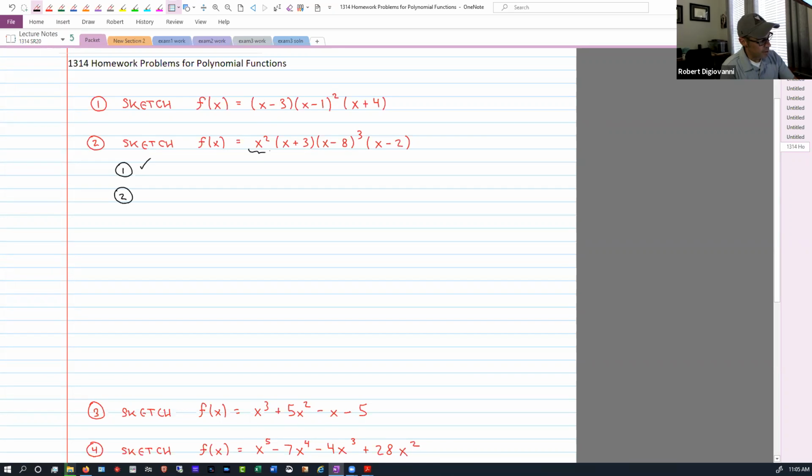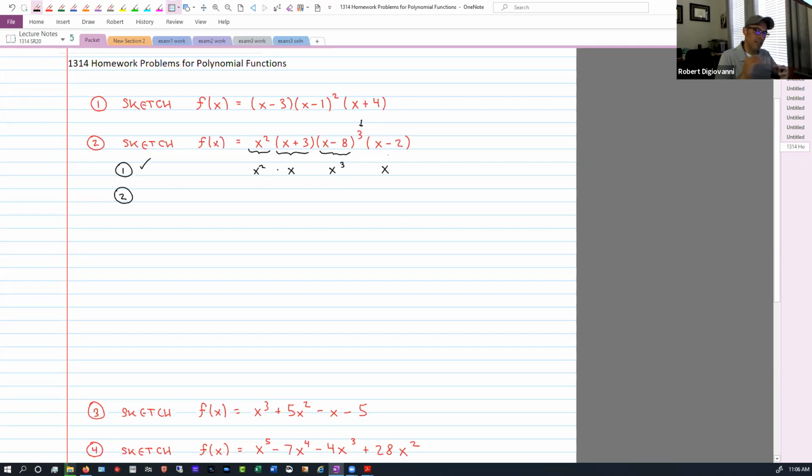So like this x squared, well, x squared acts like x squared because it's just x by itself squared. But the next factor, x plus 3, we ignore the 3 and we just say, okay, that's really acting like an x. So it's almost like we're multiplying an x squared times an x. And then this next one, x minus 8, we have that to the 3rd power, which means it's really acting like an x cubed. And then this last one here, x minus 2, we ignore the 2, so it's really acting more like an x.